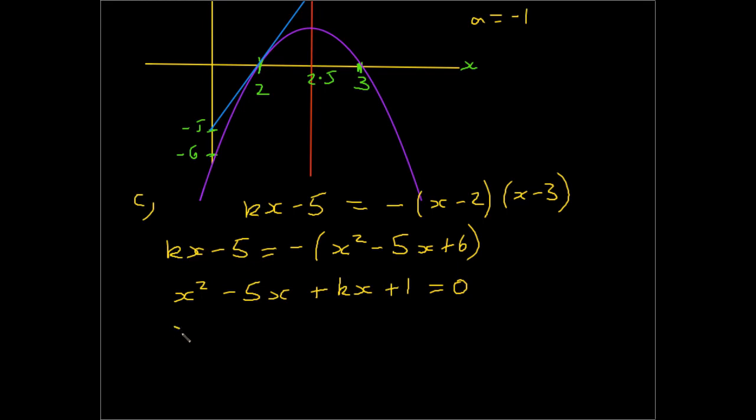So I can then write x squared plus (k minus 5) times x plus 1 is equal to 0. Now, because I said there was only one point where the tangent is going to meet the curve, where this blue line is going to meet this purple line, it's only going to have one solution.